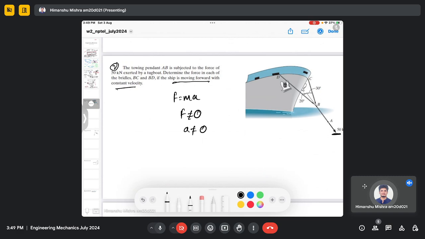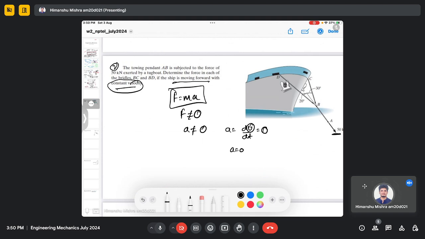But in the question we are given a constant velocity, which means the acceleration, given by du by dt, which measures how the velocity is changing in time or in space, is 0, because the velocity is constant and not changing. This means the overall force acting on the system should be 0.